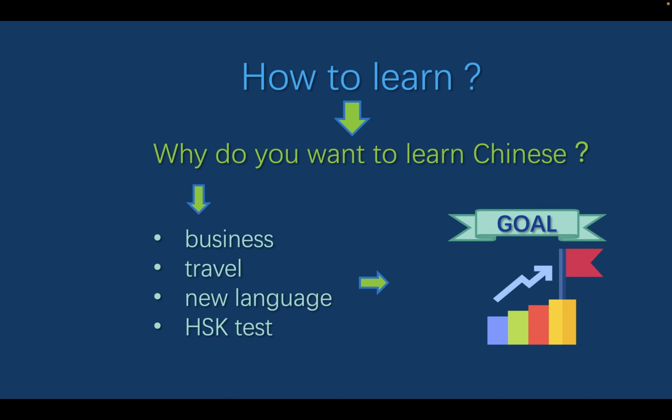You want to pass some exams like HSK or something. Or you just like Chinese. You want to achieve a certain level, HSK 3, 4, 5. Different goals will lead you to different ways to learn. So before you learn it, set a goal for yourself. After that, start immediately.